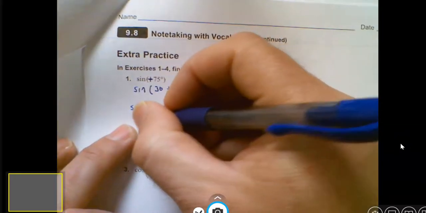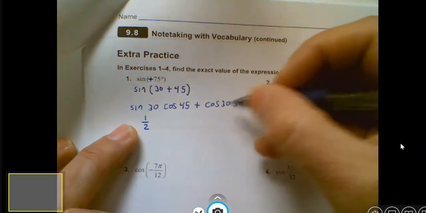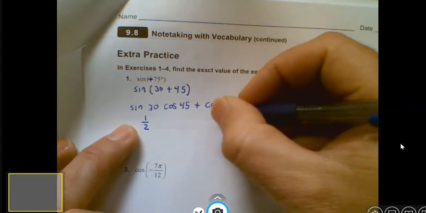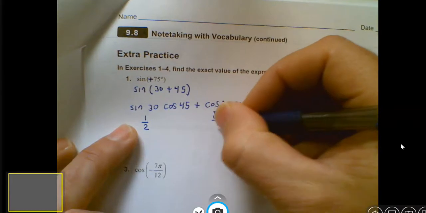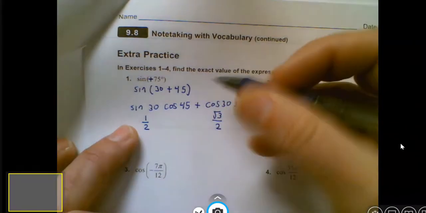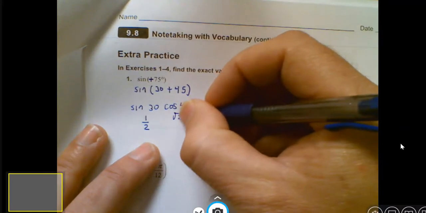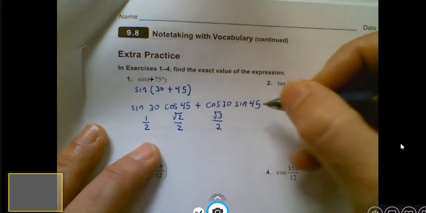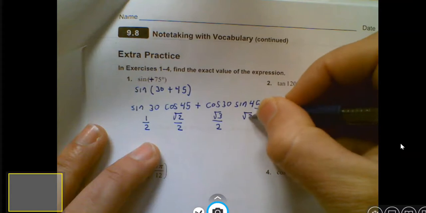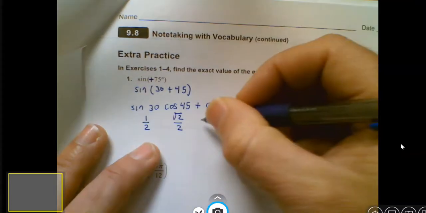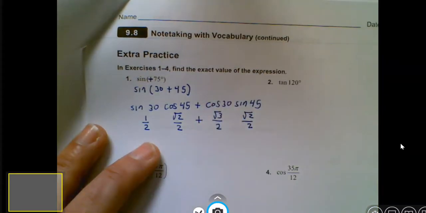So the sine of 30 is 1/2, and the cosine of 30 is rad 3 over 2. Again, if you went back to that unit circle, the cosine at 45 degrees is your x coordinate, and the sine is your y coordinate. Now we just have to simplify that expression.